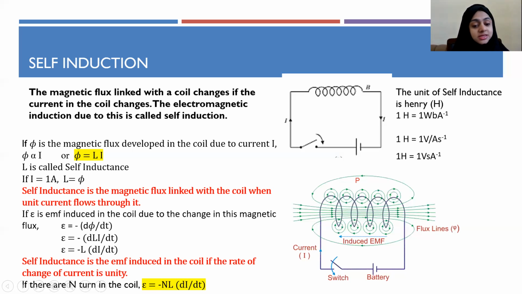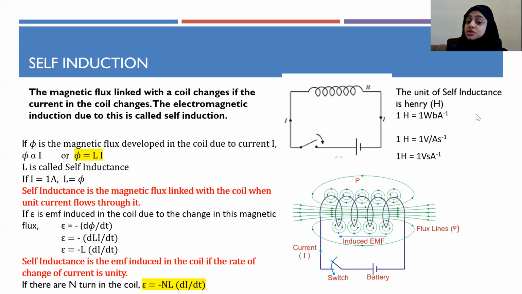So here N is the number of turns and di by dt is the rate of change of current. Or if you know the initial current and the final current, you can take it as the final current minus initial current, the change in current. And dt is the time interval in which this happens. So that's all about self-inductance.